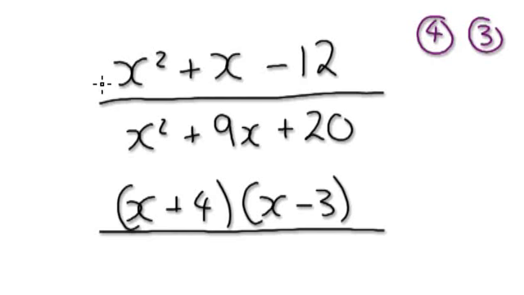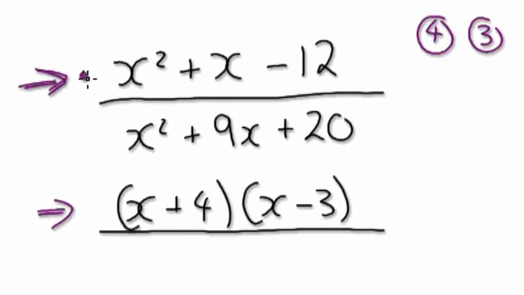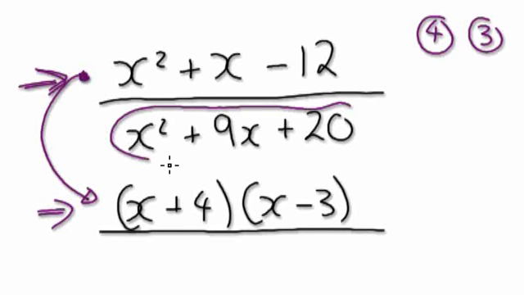By the way, you should be able to factorize from here to here easily. If you can't, then you have to watch some of the earlier videos, but this quadratic is quite easy to factorize, so you should be able to do this in your sleep. Now this part here you should also be able to do in your sleep.